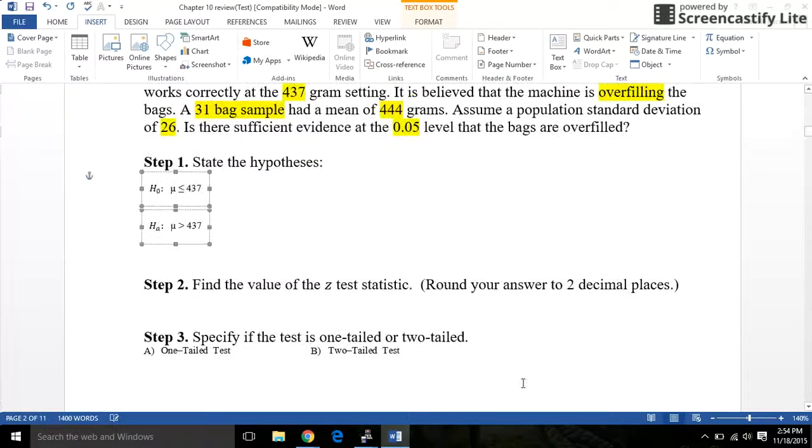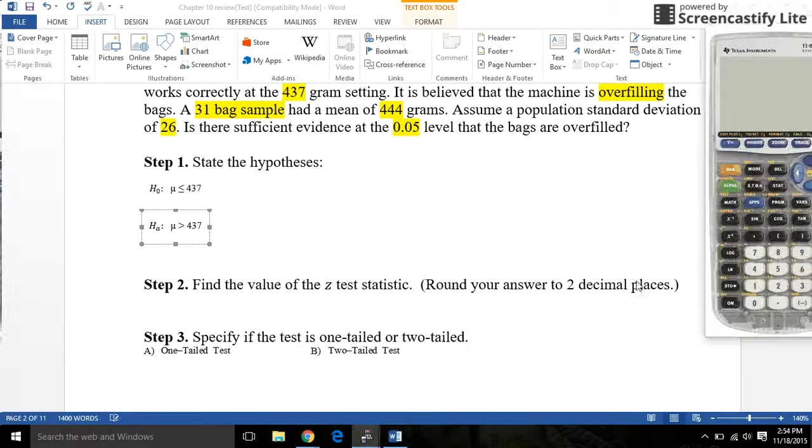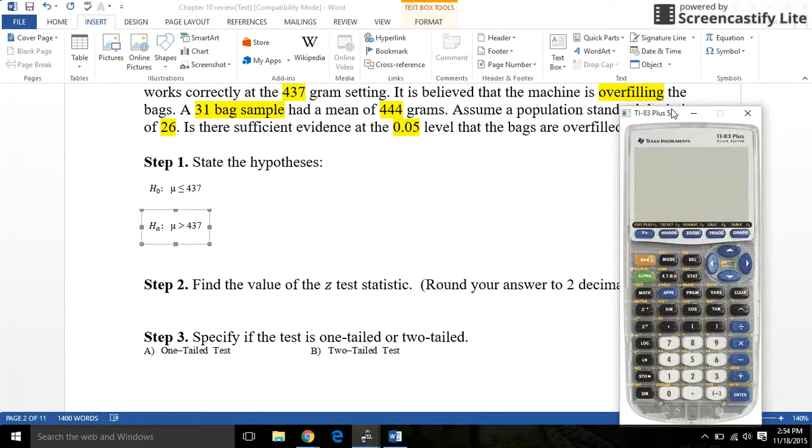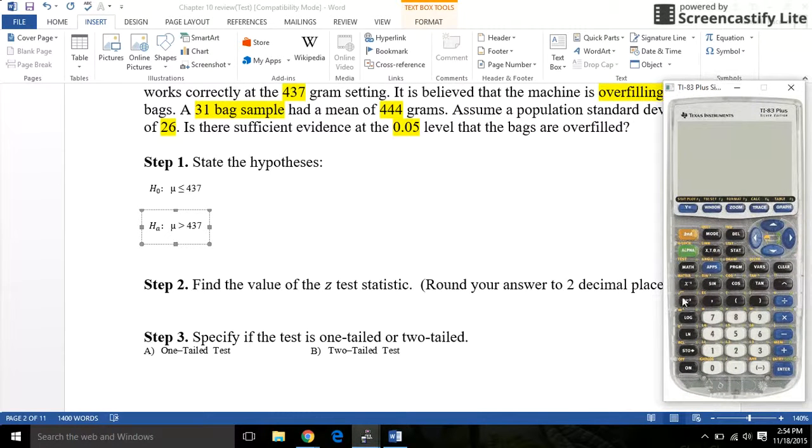So find the z statistic. I'm going to bring up my calculator, and this is where it comes in handy. I'm going to turn it on, go to stats, go over to test, and hit enter because I want a z-test. I'm not putting in data, so I'm going to hit stats and hit enter. My population mean is 437, and that's the one that I used in my hypothesis, so that's what's important.